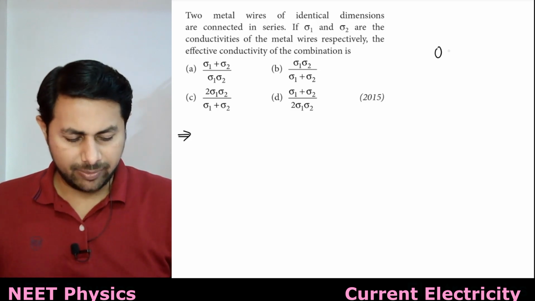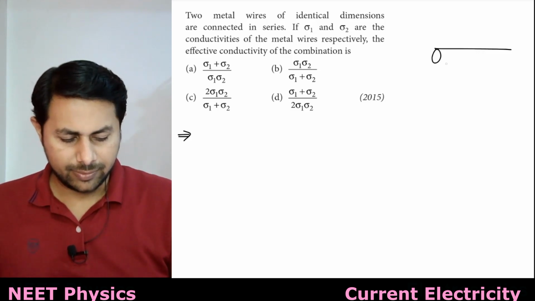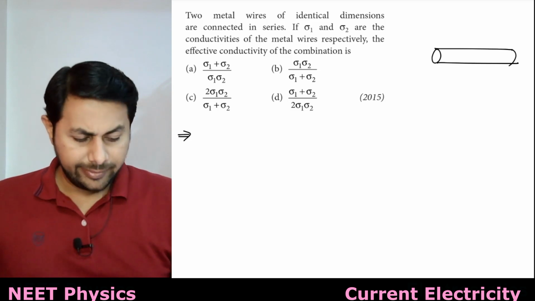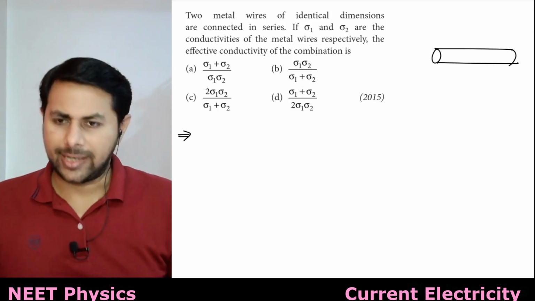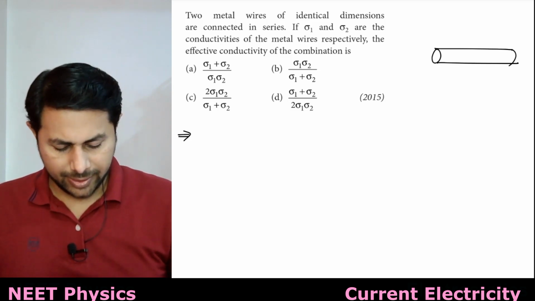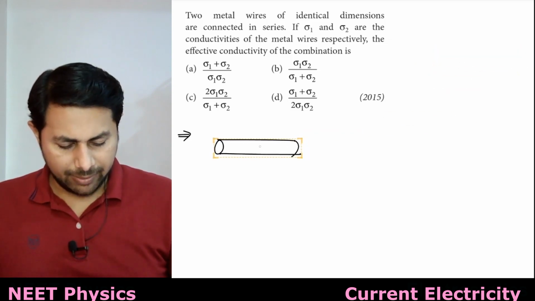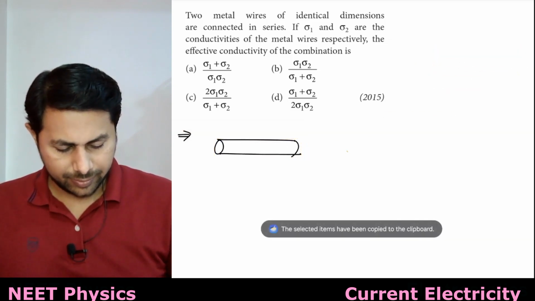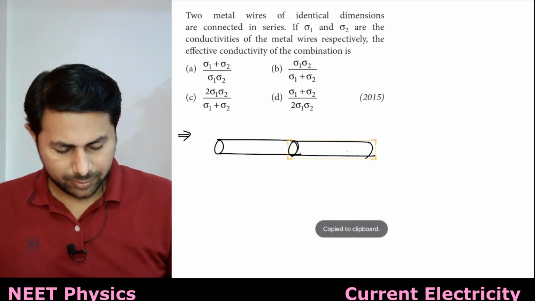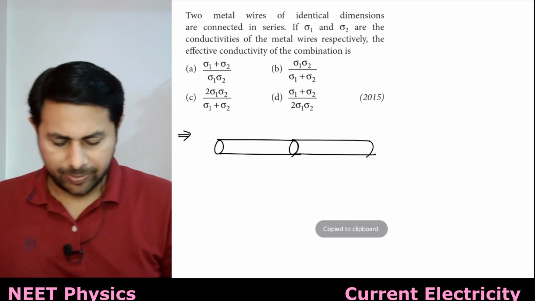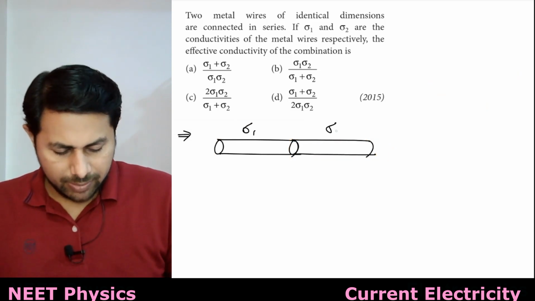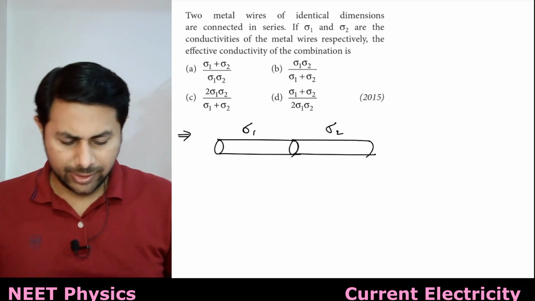So the length is the same, the area of cross section is the same. Sigma 1 and sigma 2 are their conductivities.